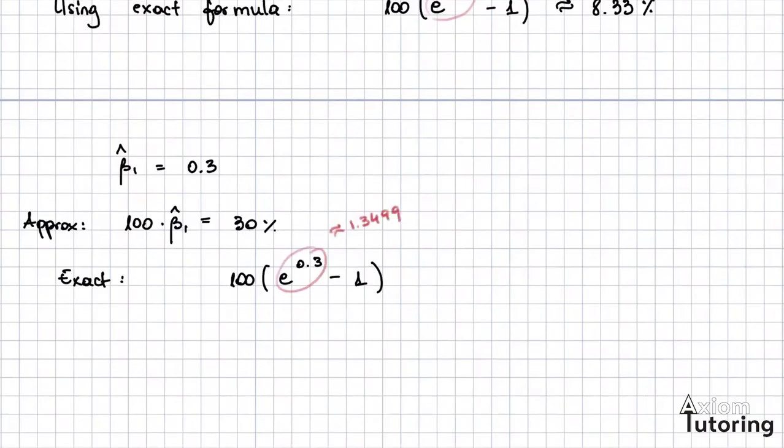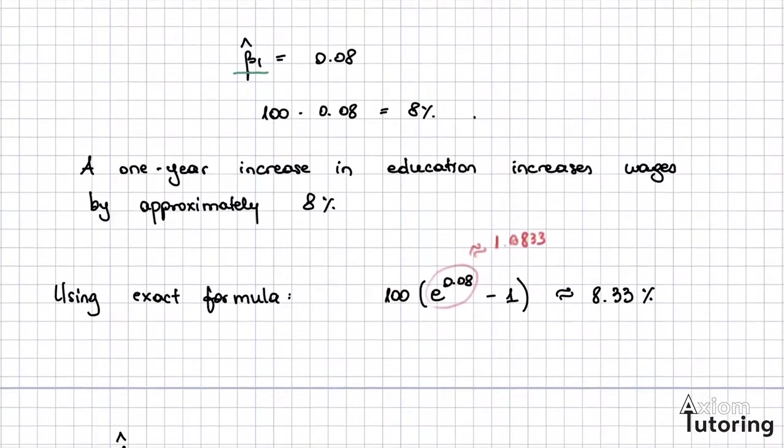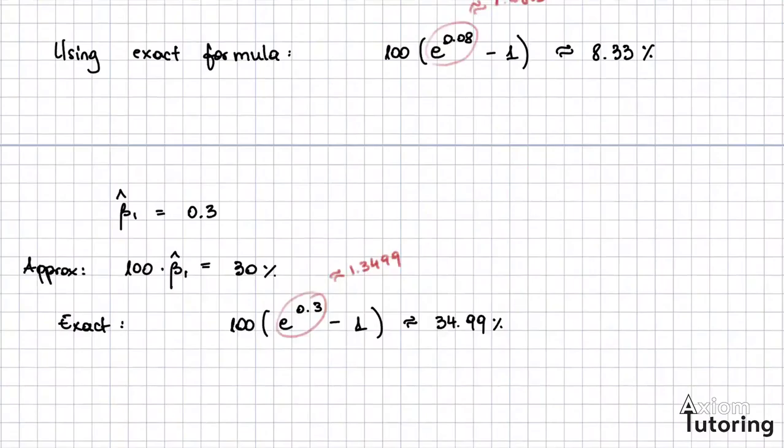So this entire expression would be approximately 34.99%, so almost 35%. So you can see that the approximation in this case is noticeably different. Very clearly here, 8.33, in here 30, 35 almost. So this is why the exact formula matters for large coefficients.